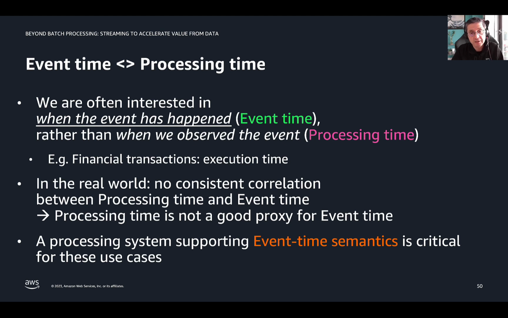The implication is, for these use cases, our processing system, our framework, must support event time semantics. What does it mean? It means that we can implement logic based on when the event has happened, based on the time that is written in the event itself by the source, the transaction execution time, for example, rather than the current system time when we are doing the processing.